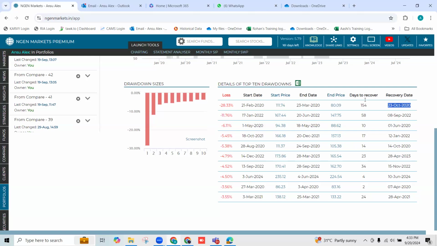Now, if we look at the days to recover for this portfolio, maybe we could just ignore this 154 days to recover because that happened during the COVID period, which was a one-off event.